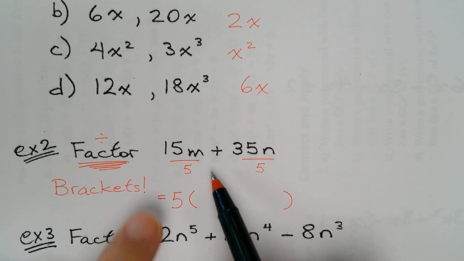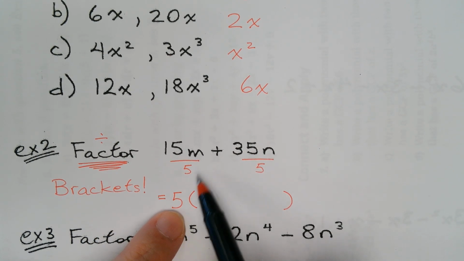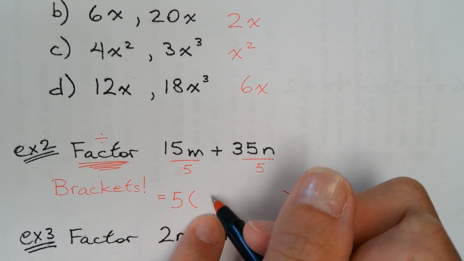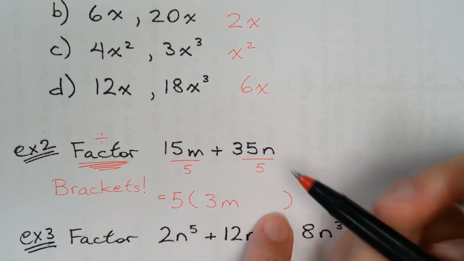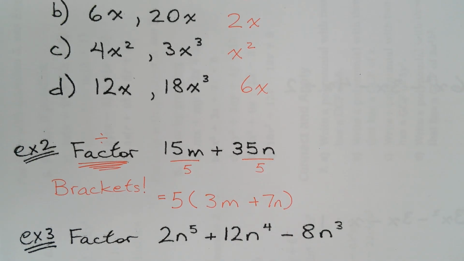So make sure whatever you're factoring out or dividing out, you write it first. 15m divided by 5, what do you get? 3m, good. Plus 7n, that's right. And that's it. That's your answer. We factored. Hey, your first factoring. That wasn't so bad.